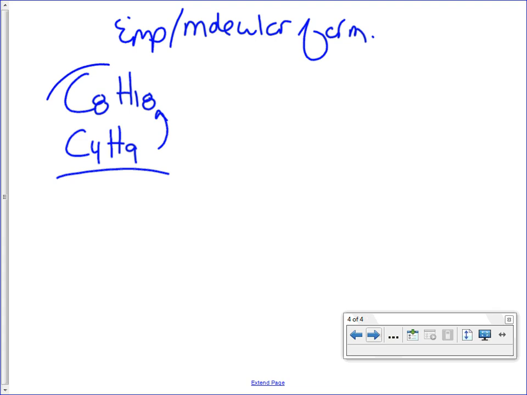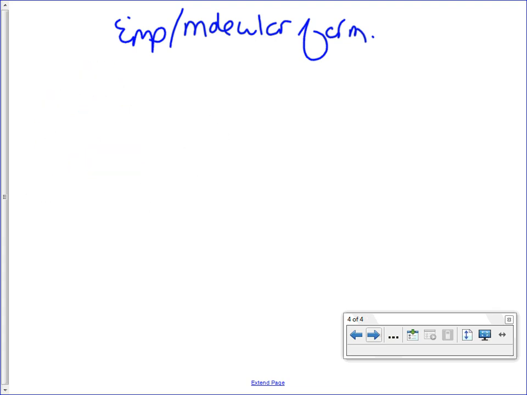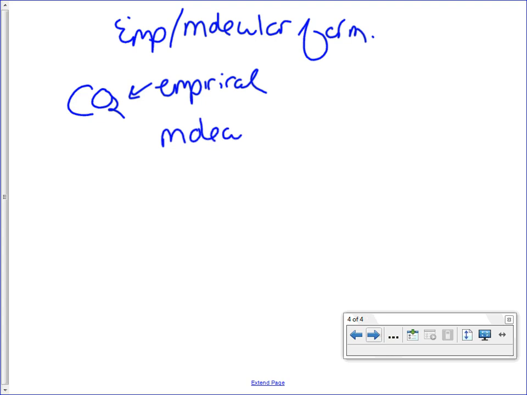So if, for example, I had, let's use our favorite CO2 again, and I said that this is my empirical formula. The molecular formula weighs 88 grams per mole.